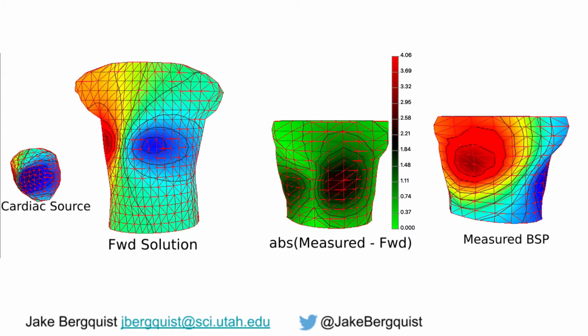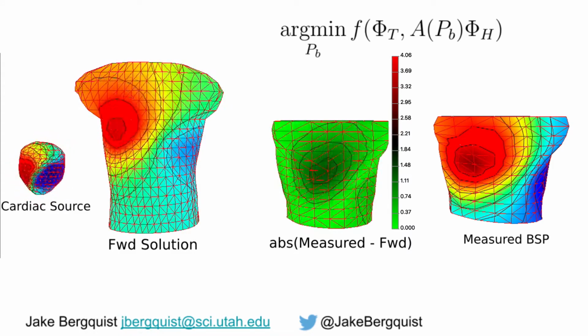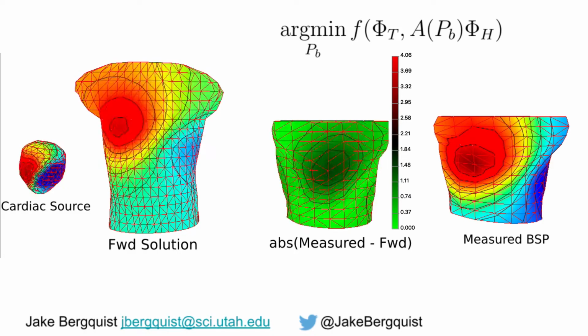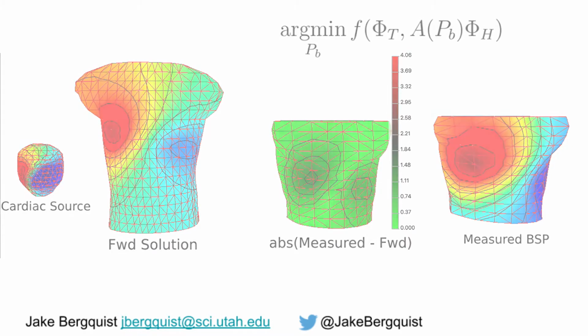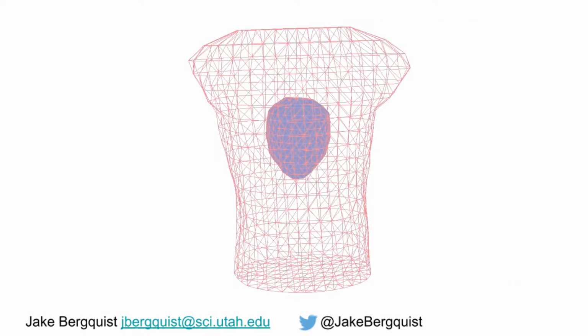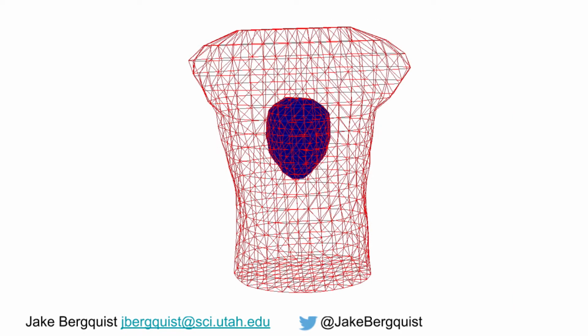By developing an optimization framework around this that minimizes the difference between the forward computed and measured body surface potentials, we can optimize for the cardiac geometry. In order to do so, the position of the heart has to be parameterized into a lower dimensional space.